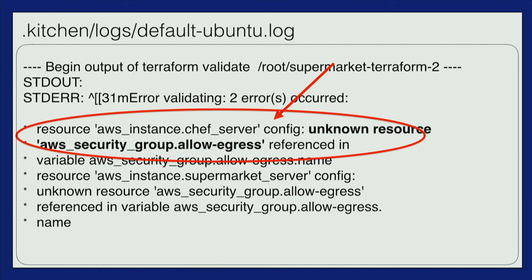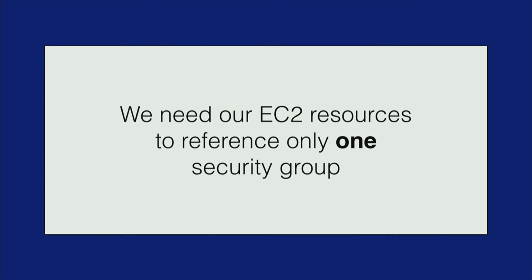So I'm going to go ahead and open up that file, see if it gives me any clues as to what's going wrong. And it draws my eye to this line: unknown resource aws_security_group.allow_egress referenced. It looks like we are telling our EC2 resources to use a security group that we're not actually creating yet. So we need our EC2 instances, both the one for the chef server and the one for the supermarket server, to only reference one security group, since our config only creates one with what we've uncommented out.